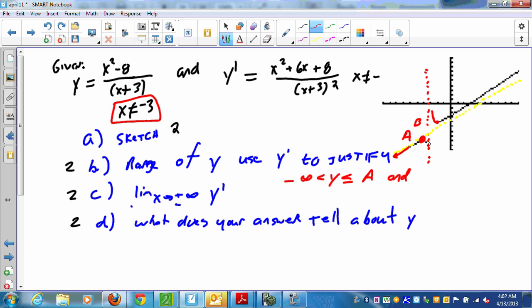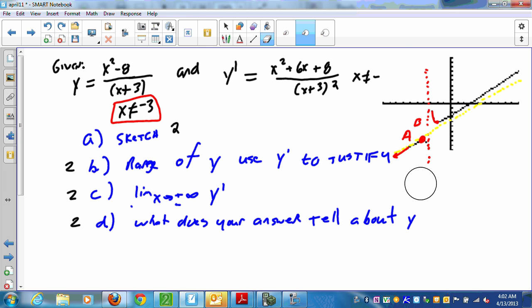And so on this side of the equation, the range differs a little bit over here. So how are we going to use the derivative to explain that? That's the question. Well, the justification for this, let's talk about rewriting this first of all. I guess a better way to look at the range is that, let's see if I can find the highlighter here.